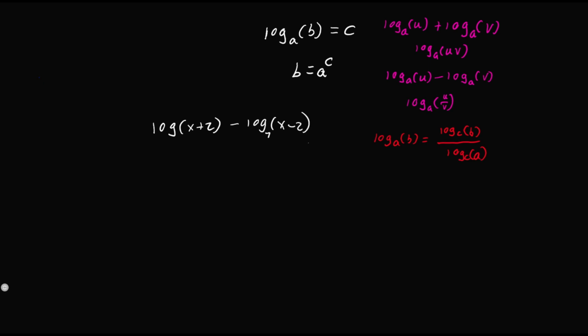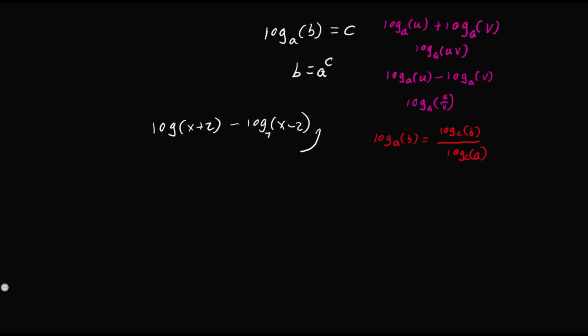Since we don't have the same base, we're going to change the base since they are different. But it depends on whether we want to change the logarithm of x plus 2 or the log of x minus 2, since they both have different bases. But it is up to us to see which one we want to change.